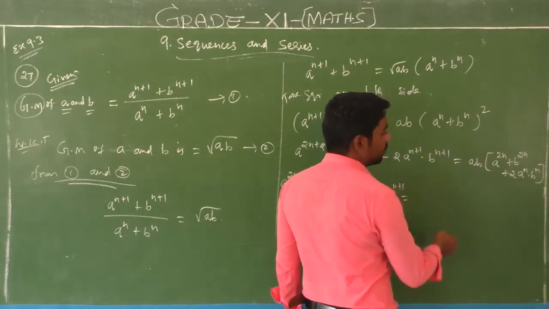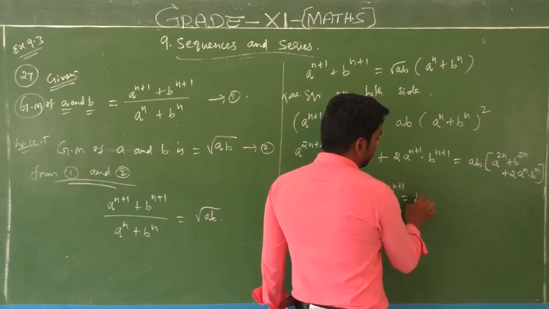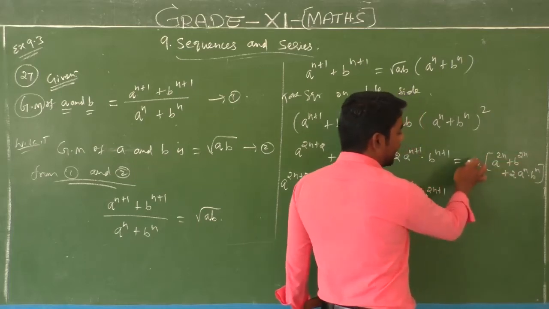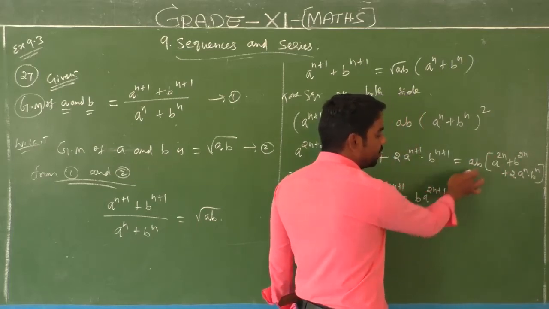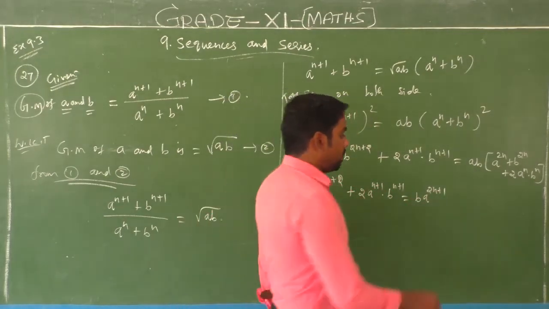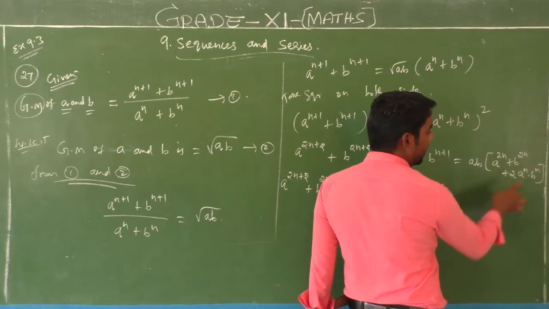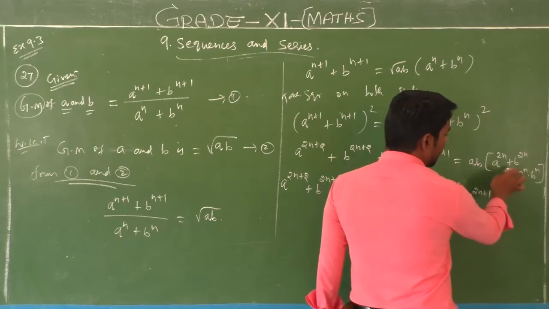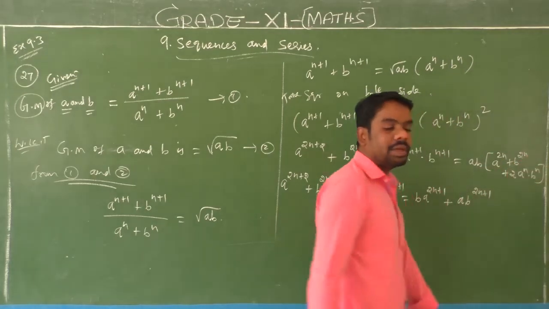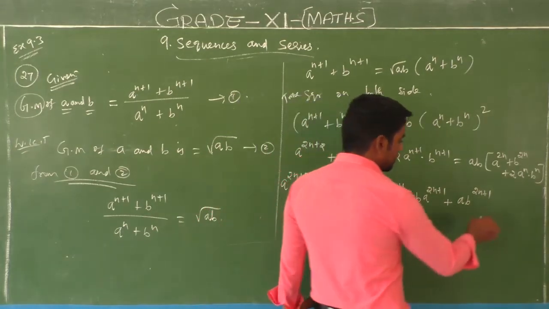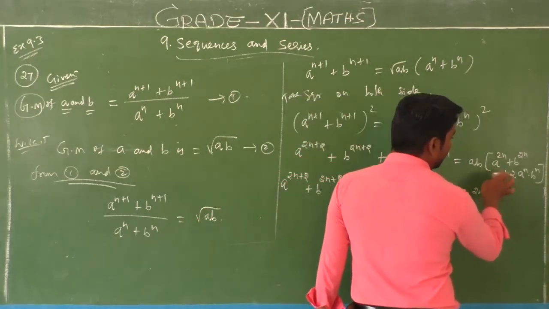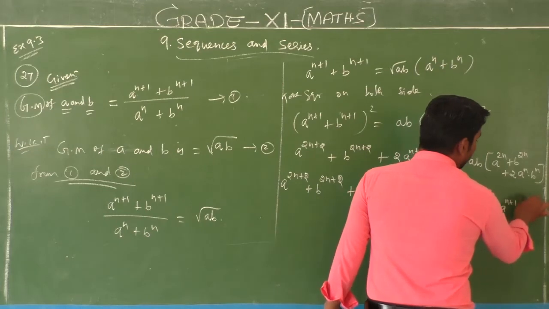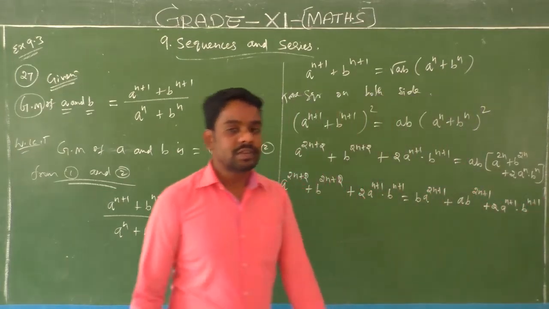So ab into a^(2n) is a^(2n+1) into b, that is b a^(2n+1), plus the second term, ab into b^(2n), is a into b^(2n+1), plus 2 into a^n into a, which is a^(n+1), into b^n into b, which is b^(n+1).